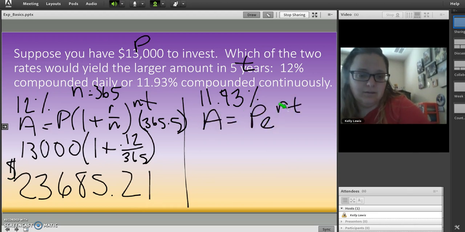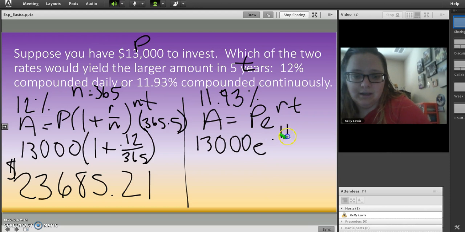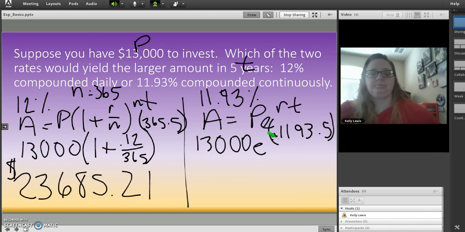All right, let's do the other one, A = Pe^(rt). So 13,000 e, the rate, so it's going to be 0.1193 times 5. Put this in parentheses. To get that e, remember you do second ln, and then we're going to do 0.1193 times 5.